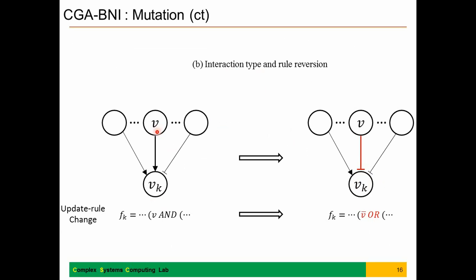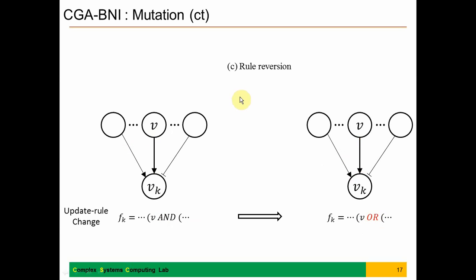So here, the interaction from V to Vk changes from positive to negative, and also the logic function changes from AND to OR function. The third mutation is rule reversion only. For example, in this case, the AND logic function changes to OR logic function.